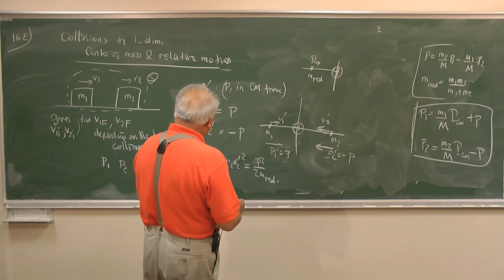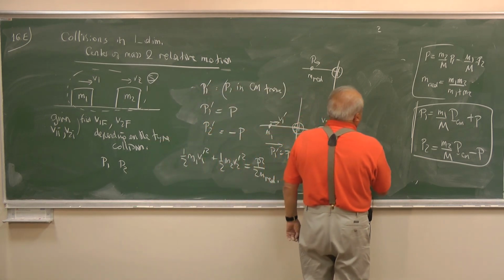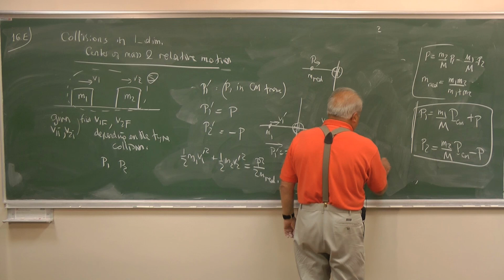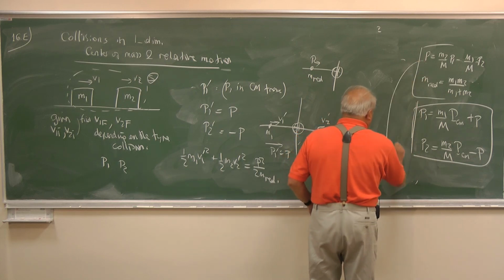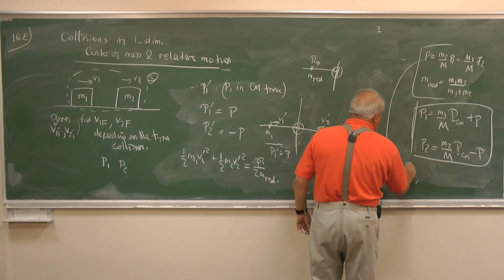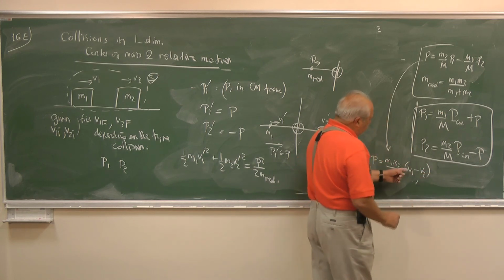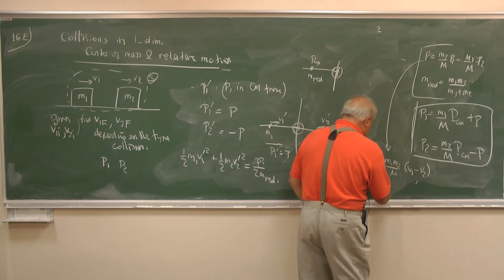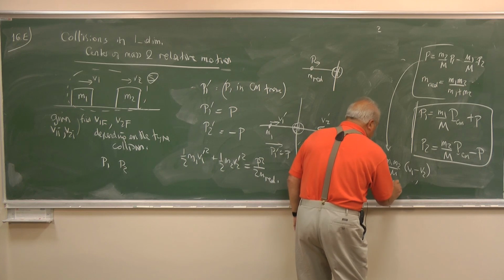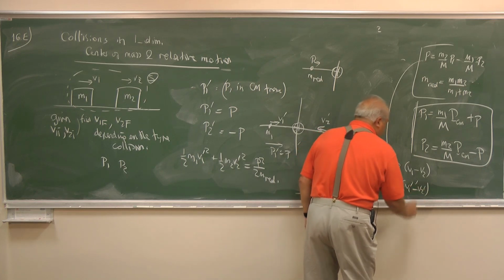I want to point out one more point about P. P, for example, is M1, M2, I'm just copying down from here, M1, M2 over M, V1 minus V2. If you subtract from both V1 and V2 the center of mass velocity, this is the same thing as M1, M2 over M, V1 prime minus V2 prime.